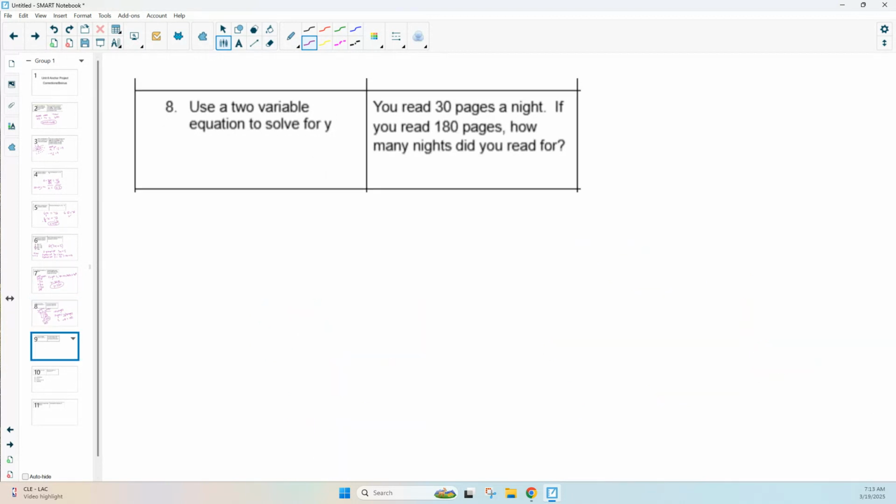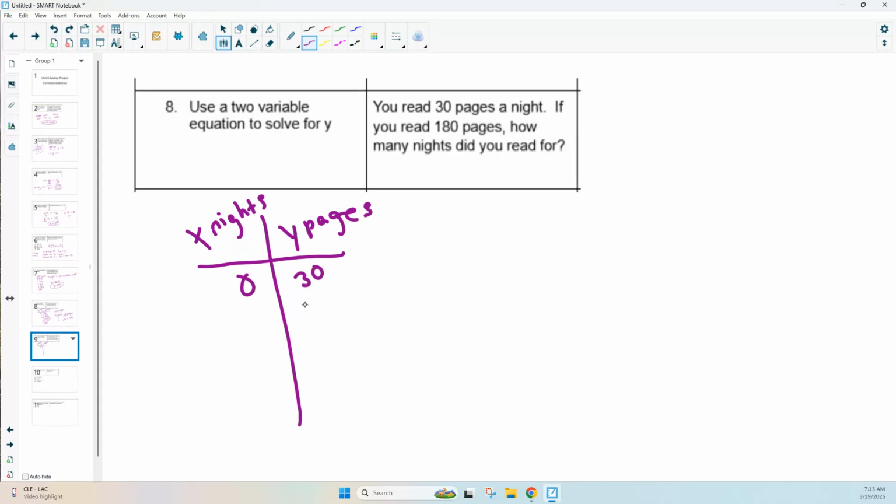Now use a 2-variable equation to solve for y. So we're still doing you read 30 pages a night, and then we get out pages, our independent and dependent variables. Oh, no, sorry, that should be a 0. If you read 180 pages, how many nights did you read for?